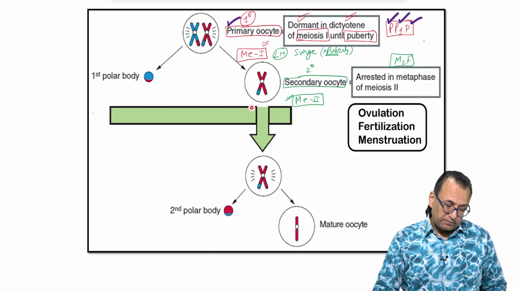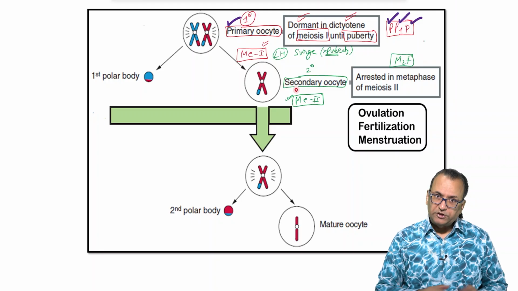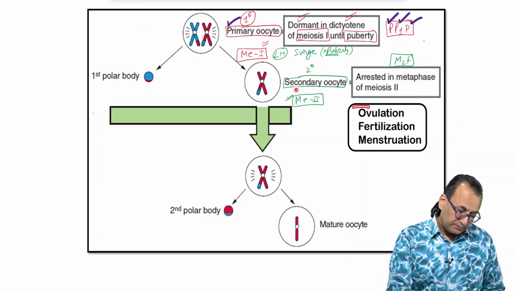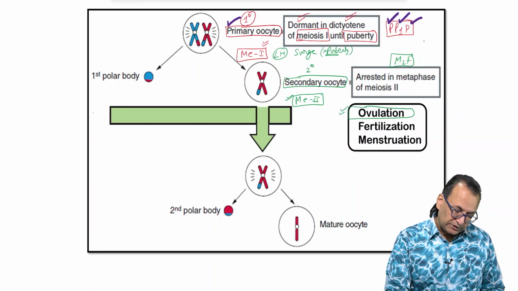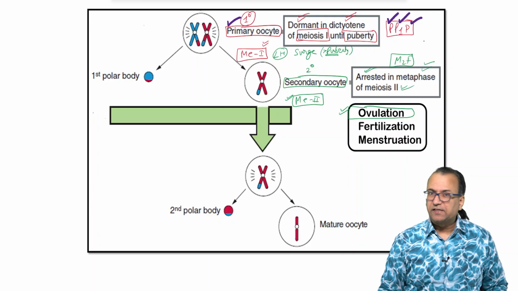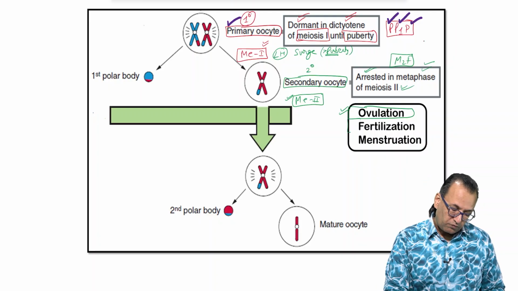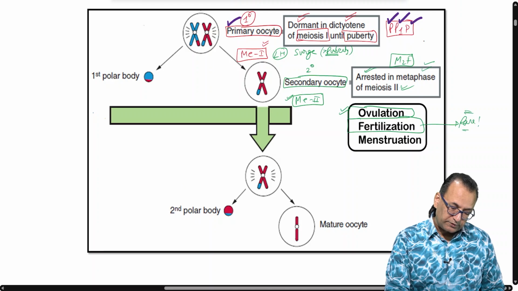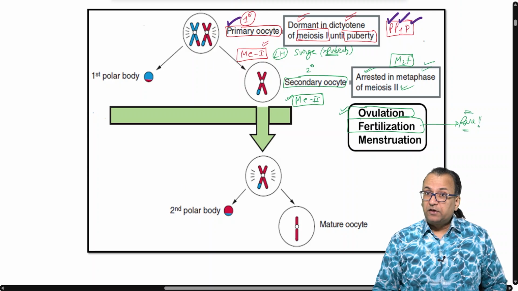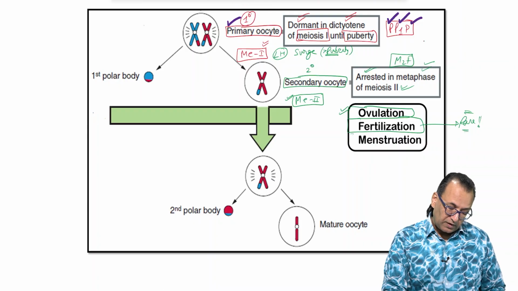Now other questions come. This secondary oocyte which is undergoing ovulation is at which arrest? You say it is arrested in metaphase 2 of meiosis 2, and it is the same cell which will be undergoing fertilization. But fertilization is a rare thing to happen because you don't have sperms available all the time. So mostly what happens is menstruation, which is more common.